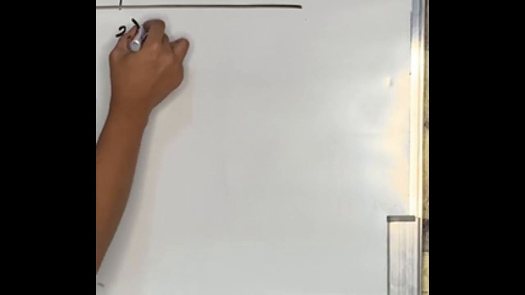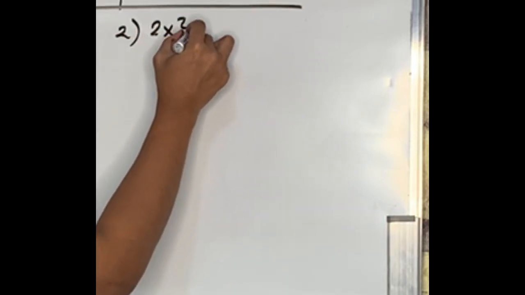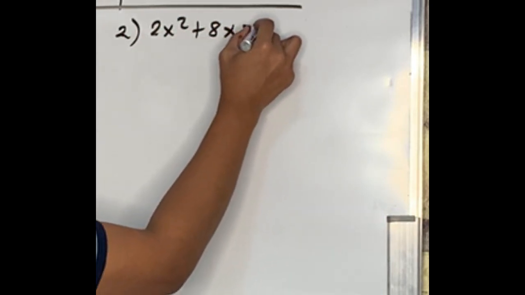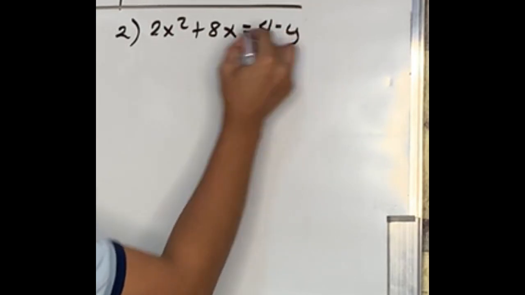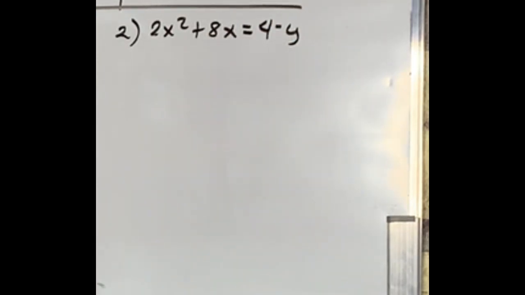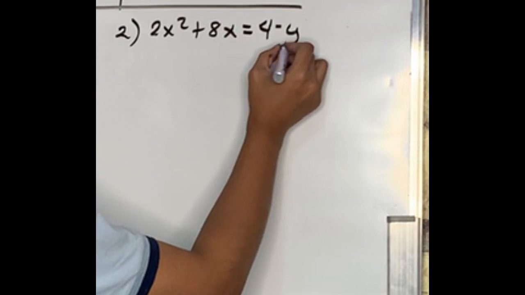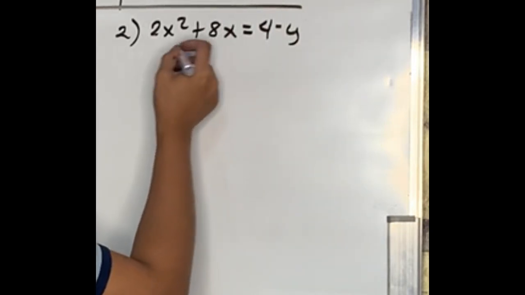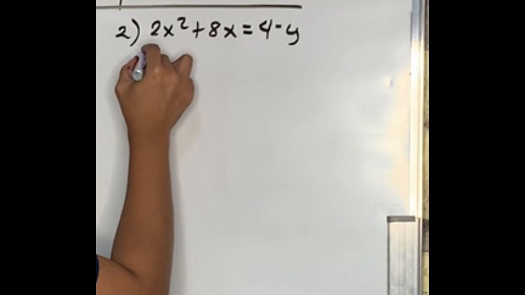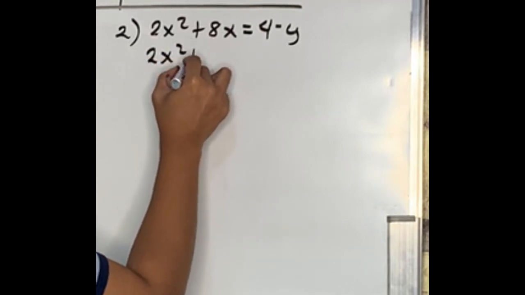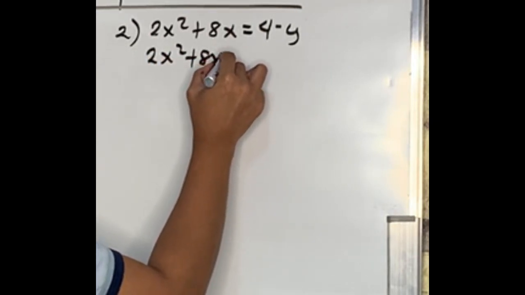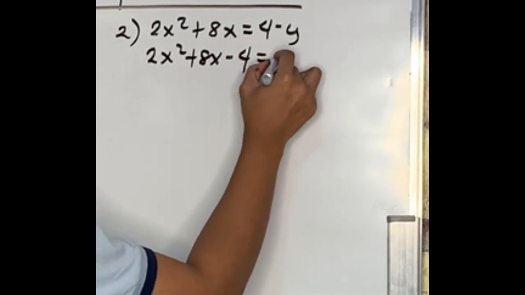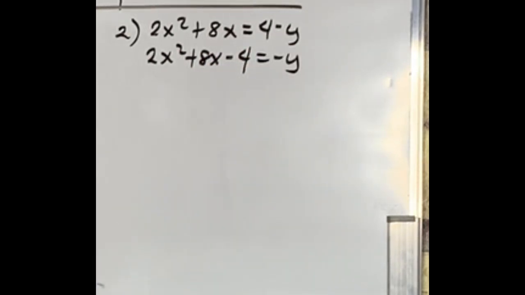Now let's have number 2. Considering 2x squared plus 8x is equal to 4 minus y. Since we have to isolate y, we need to transpose positive 4. So 2x squared plus 8x minus 4 is equal to negative y.